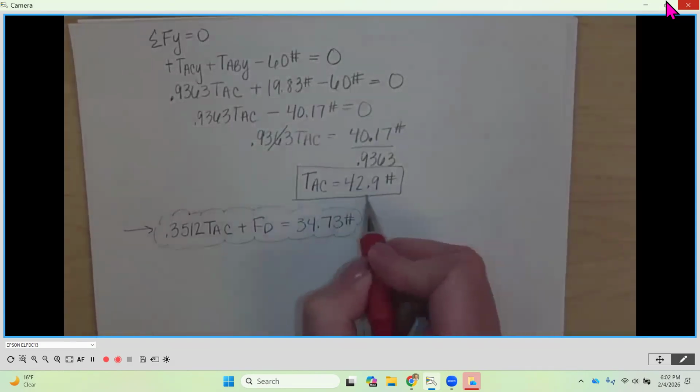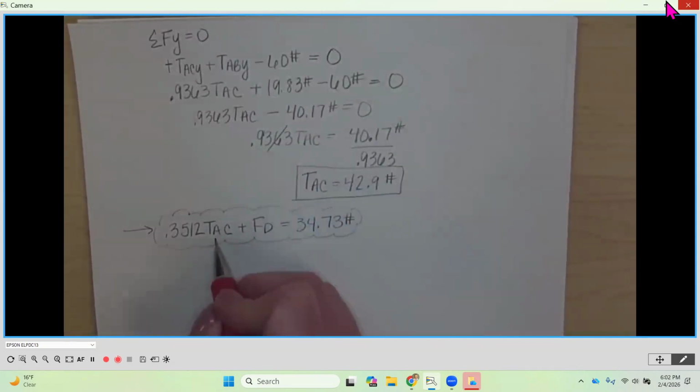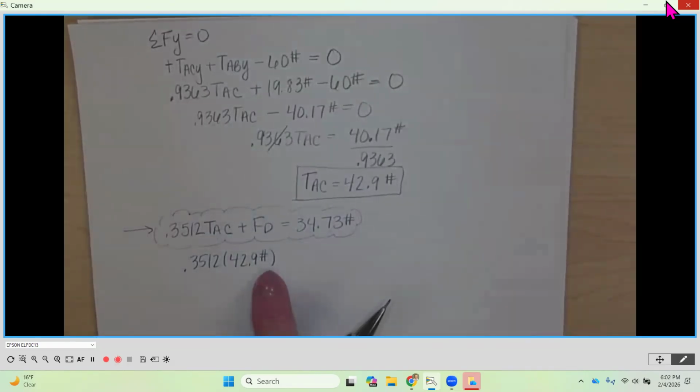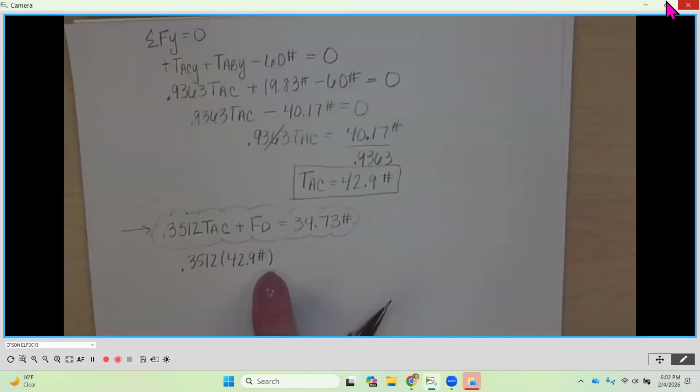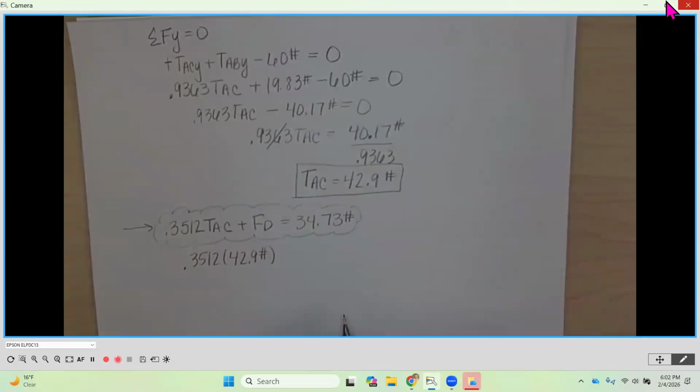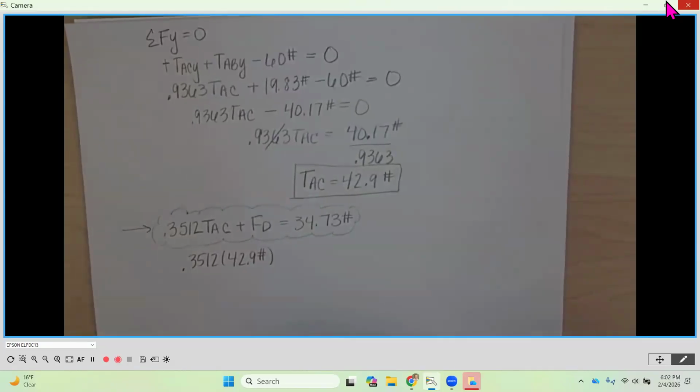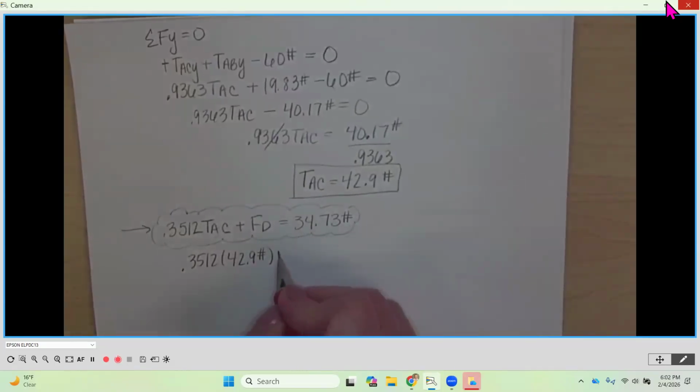Now, what we're going to do is put our 42.9 where we see TAC. So 0.3512 times 42.9 pounds. Notice I'm putting the units in all phases of the problem. Don't you lose the units, because we want to be sure that we're combining and we have the right variables and units for things.